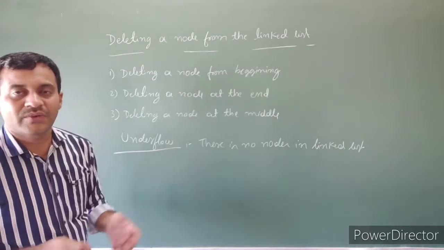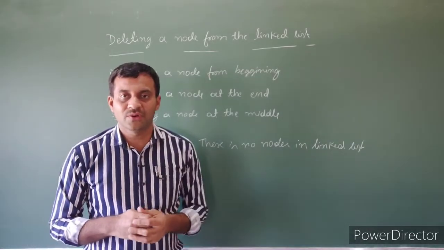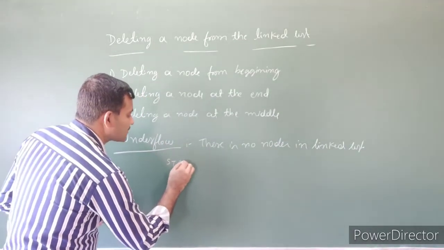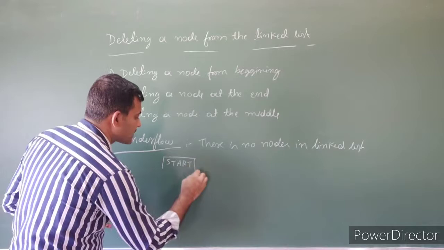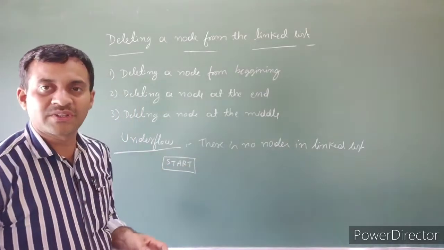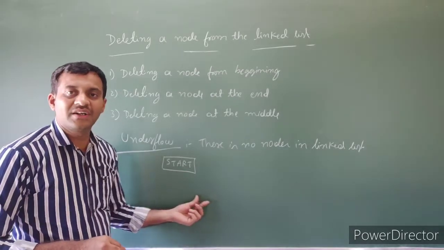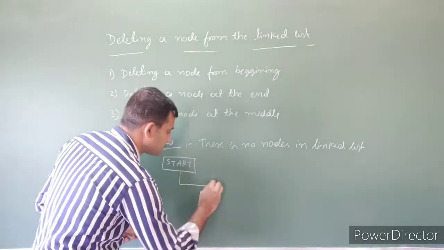To delete an element, first we have to verify the underflow. How to verify the underflow? We know that the linked list always begins with a pointer start. The start pointer stores the address of the first node.